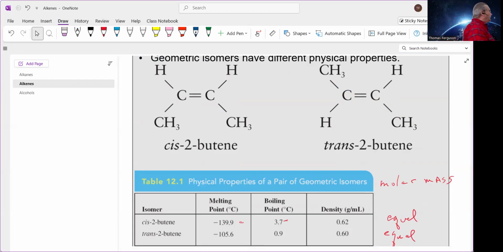Now, cis or trans is a big deal. All of you know about trans fatty acids being bad for you. That's because they're not the natural fatty acids. Fatty acids are cis. So fatty acids frequently are used in membranes, separating one aqueous area from another aqueous area. So if your membranes are messed up, your reactions are messed up.